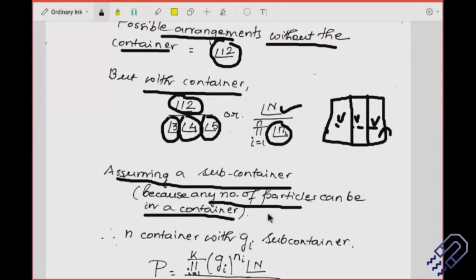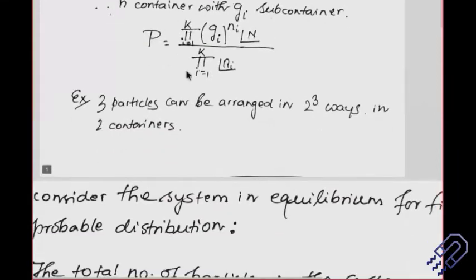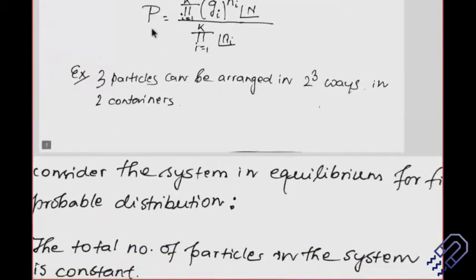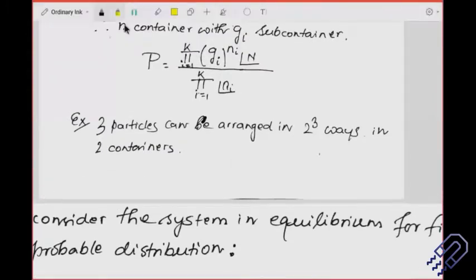So that's why we are also considering something which we call a sub container. If we consider the idea of sub container, we can say that we have n containers with g_i subcontainers.